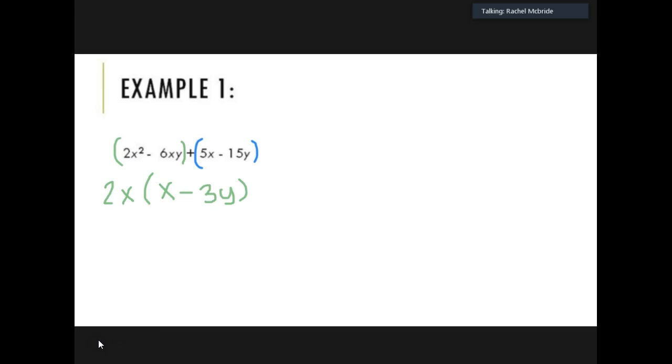What is the GCF of the next 2 terms? So what's the GCF of 5x and 15y? Go ahead, Nick. 5. So we're going to take out a 5, and that leaves behind x minus 3y. So do you see how now this looks a lot like what we did in the warm-up?